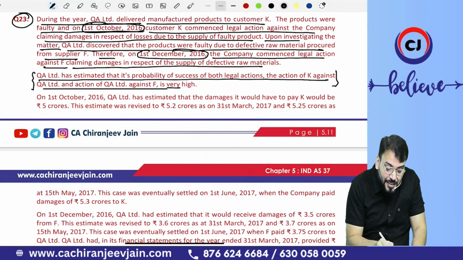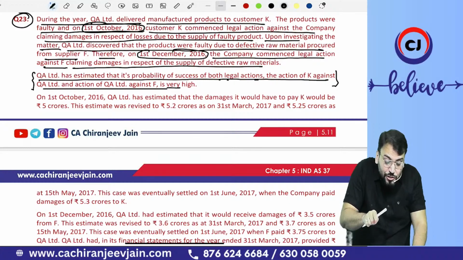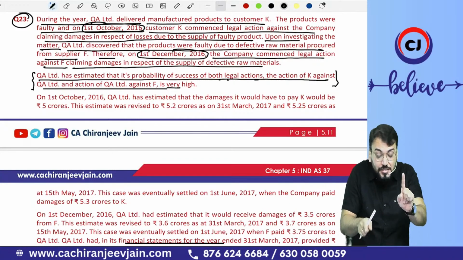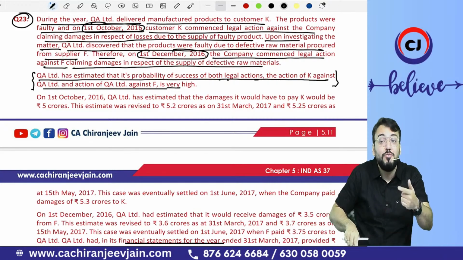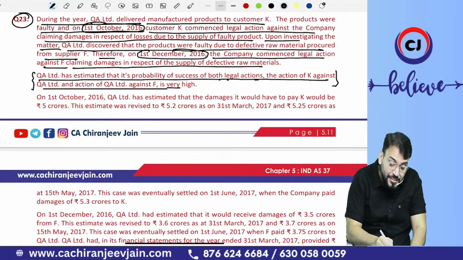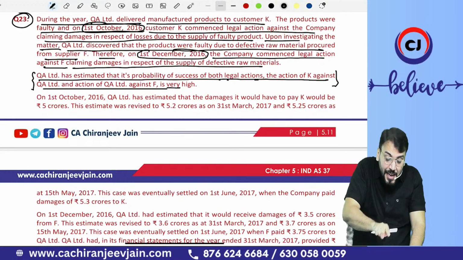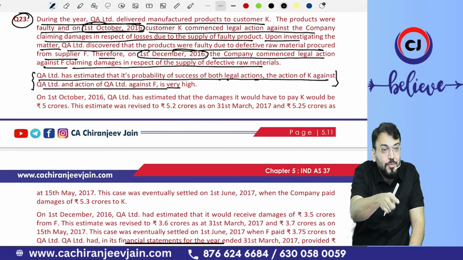QA Limited has estimated that its probability of success of both legal actions: the action of K against QA Limited is very high. In English, the action of K against QA Limited means whose winning chance is high? K Limited. And the action of QA Limited against F is very high. Whose chance of winning is high? QA Limited.